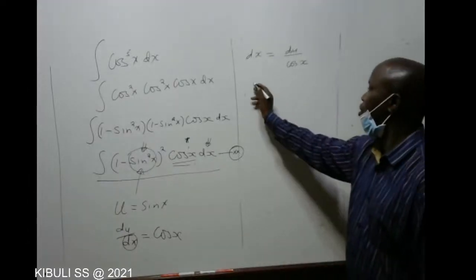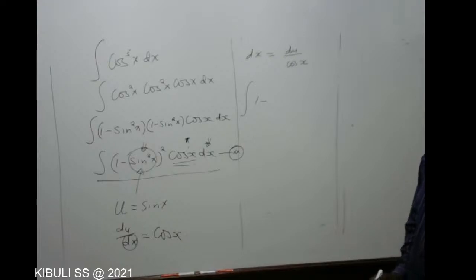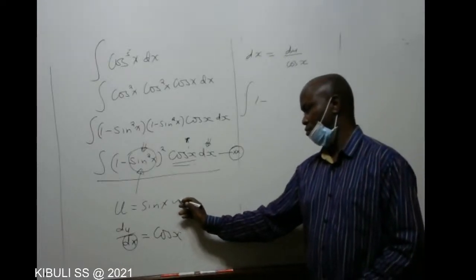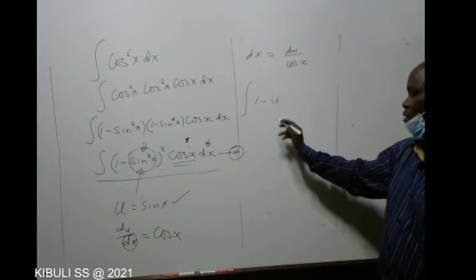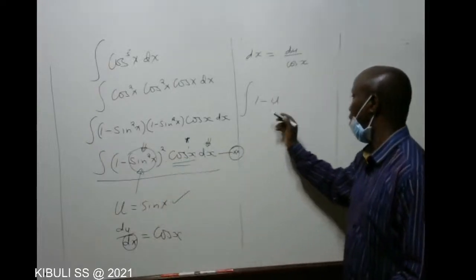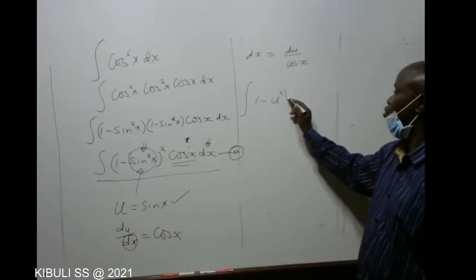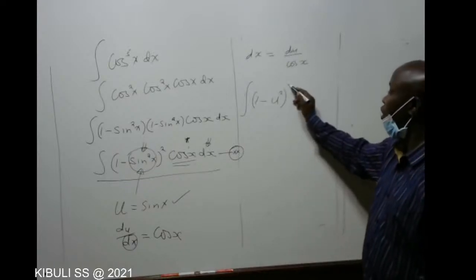So that gives us the integral of 1 minus, what is the sine of x? Sin x has been replaced by u. But it is squared. That means we are going to have 1 minus u squared. But this again is squared.